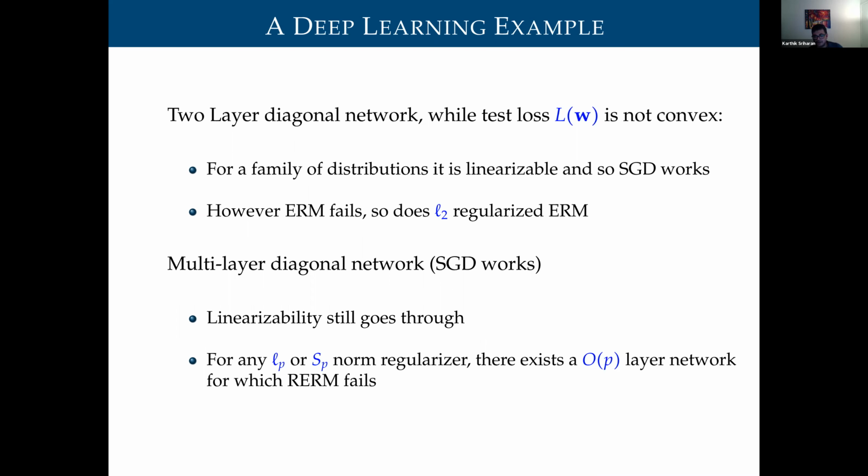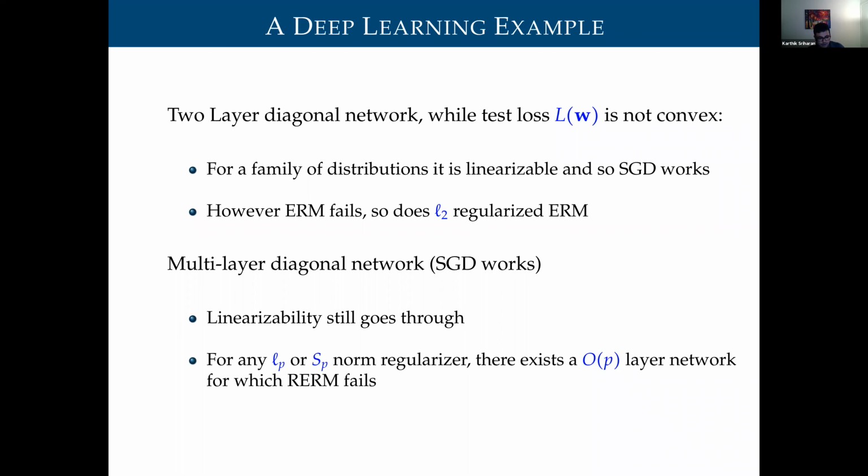Okay, so at least it rules out LP or Schatten P types of regularizers for these networks. Of course, it does not rule out all forms of regularizer, but the nice thing about this is that one, it's a deep learning example, and two, it is an example of the supervised learning form.